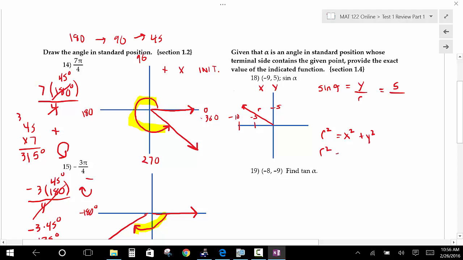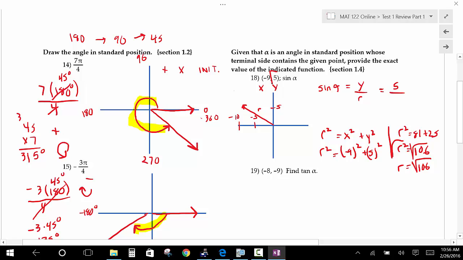So r squared equals negative 9 squared plus 5 squared. That's 81 plus 25, which gives r squared equals 106. Then we can square root both sides, and we get r is equal to positive square root of 106. And remember, radius is always positive.